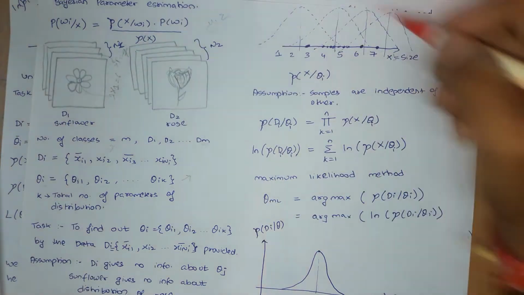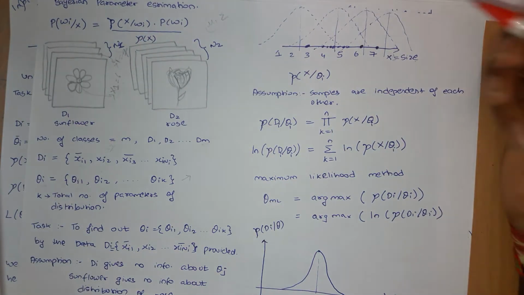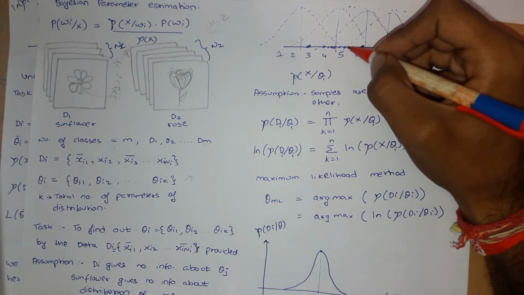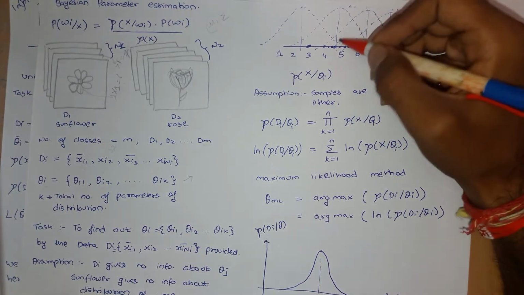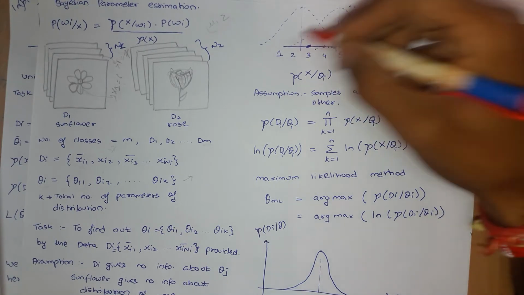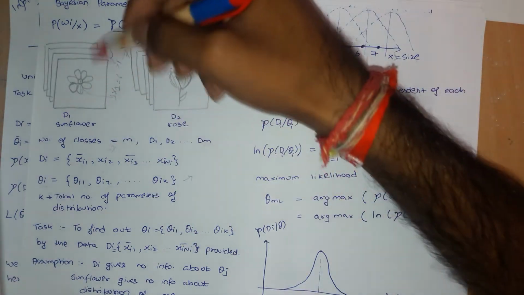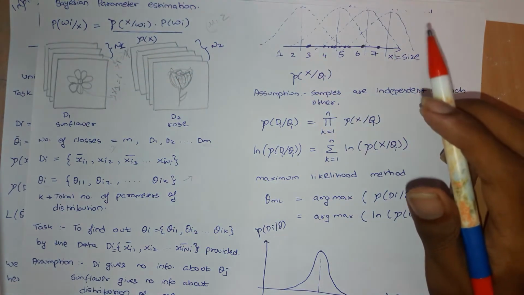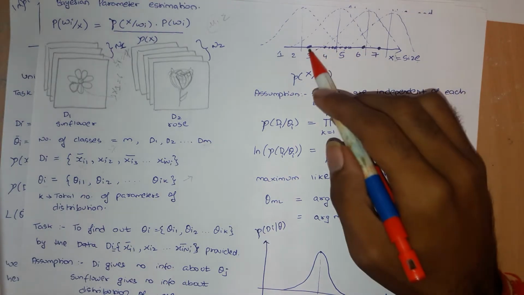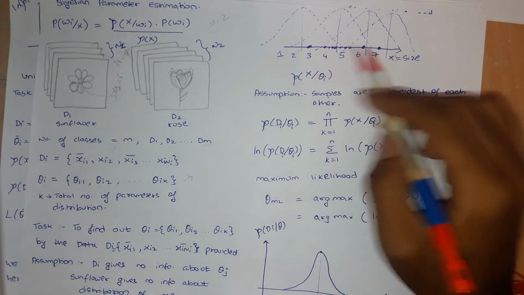For the second image, say I get 7.1. For the third image I get 5.2, 5.1, 5.0, 4.9, like this. I've plotted all the data, the features that I've got from these images. Now we just have these dots, this data with us.